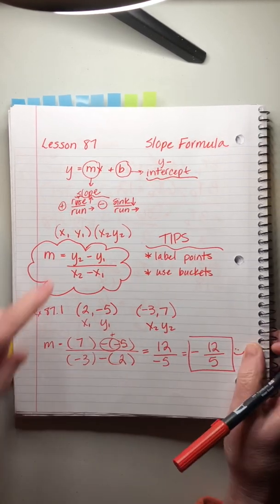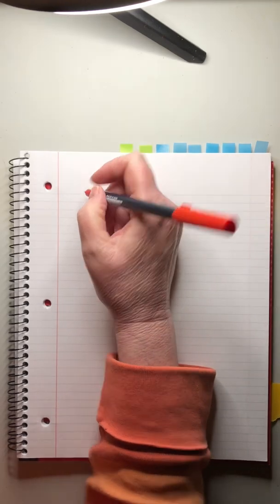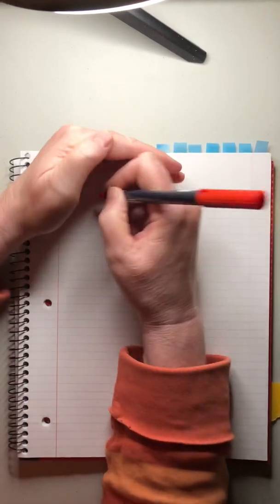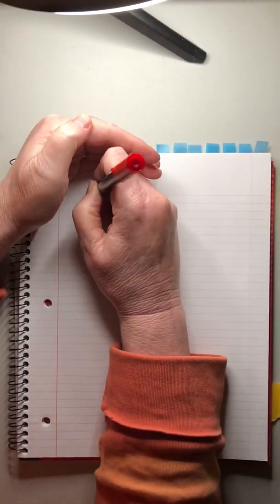I guess I'll flip and I'll rewrite. I want you to practice right now writing that formula. I'm going to write it. Cover it up if you can still see it in your own notes. Cover it up and try writing it right now. I'm going to hide mine and let you have a chance to work.